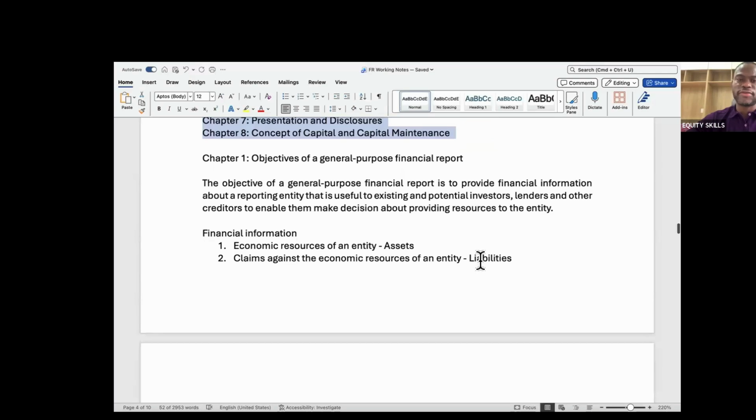We looked at the objective of a general purpose financial report, and we saw that the objective is to provide financial information about a reporting entity that is useful to existing and potential investors, lenders, and other creditors to enable them make decisions about providing resources to an entity. We mentioned that the keyword here is that the objective is to provide financial information.